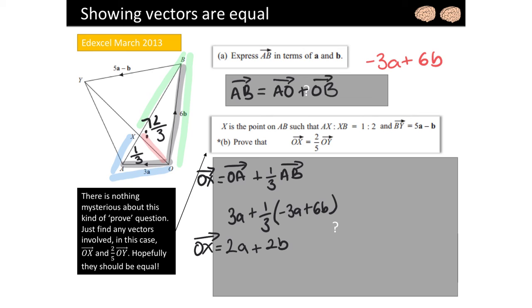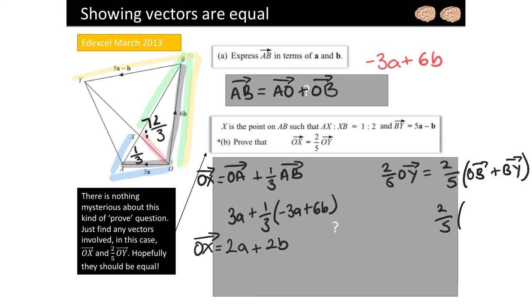Now, 2/5 of OY equals 2 over 5 lots of OY. How do I go from O to Y? This is really simple. I'm going to go OB, BY. OB plus BY. I'm writing this all out just so it's very methodical.